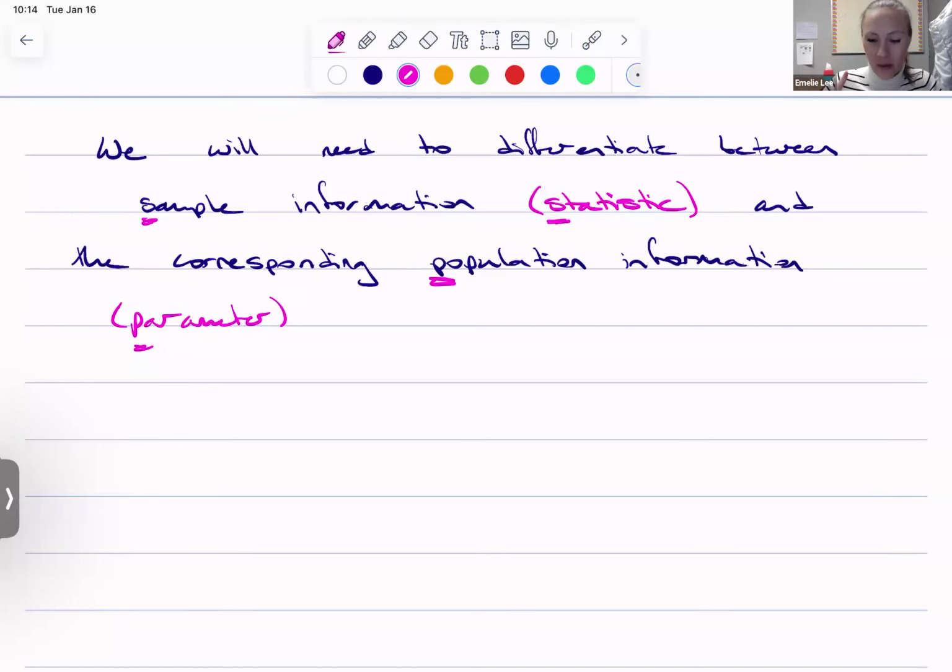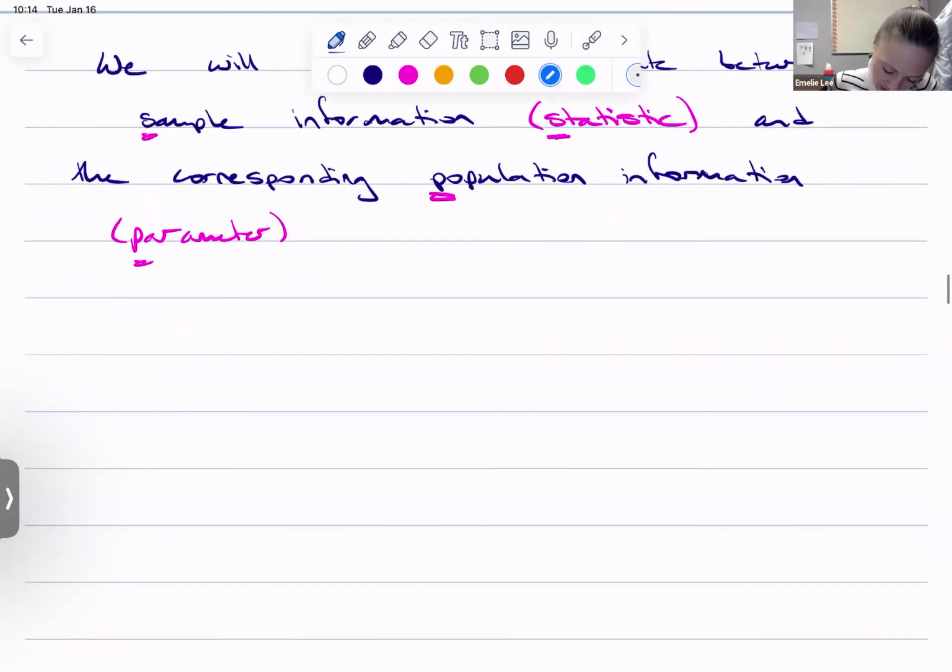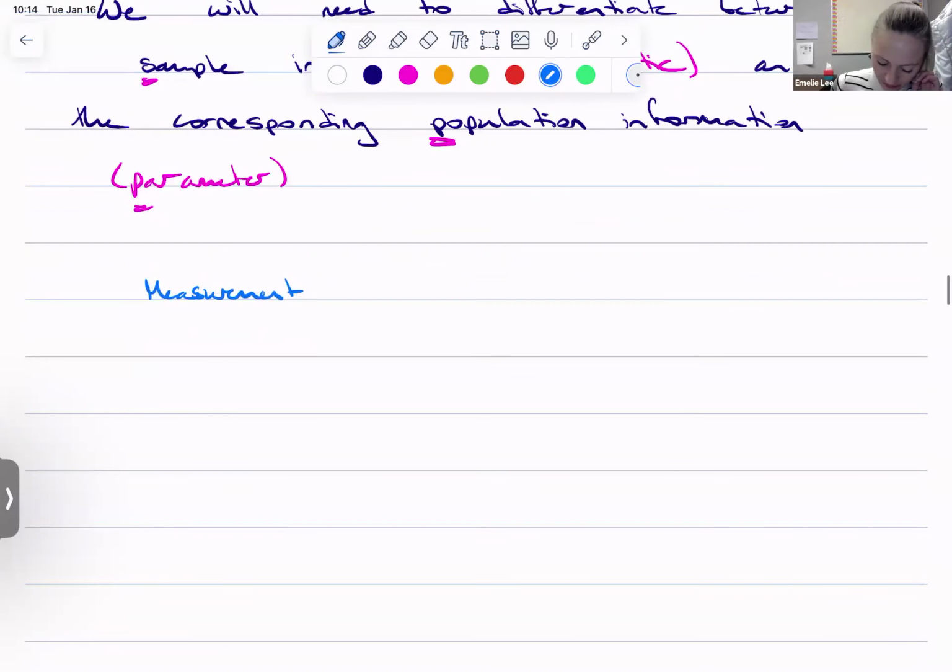It's on the previous slide, but I'll enter it here. So what we're going to have is our measurement, right? Because what I want to emphasize is that, okay, if the measurement that I'm interested in is the mean, then I'm going to need to have some way of denoting whether it's a statistic or a parameter, right?